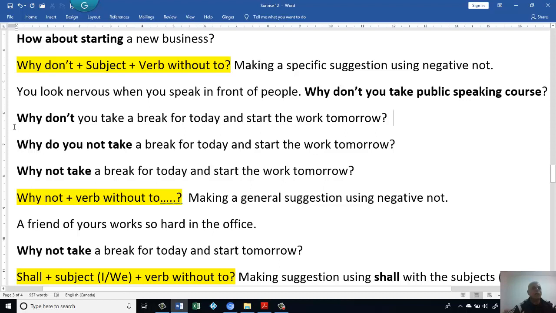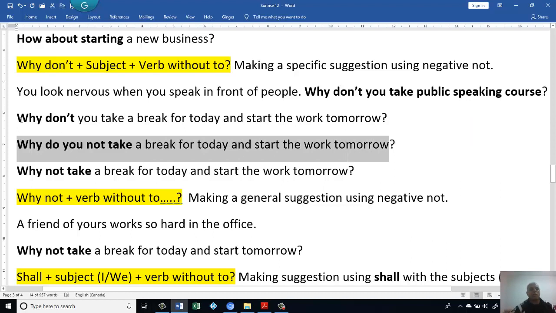Okay, let's say if we have these sentences, why don't you take a break for today and start the work tomorrow? Okay, the actual sentence is like this. Why do you not take a break for today and start the work tomorrow?